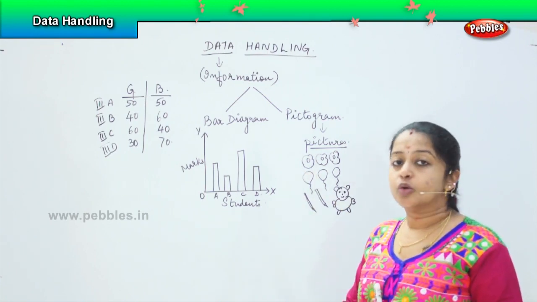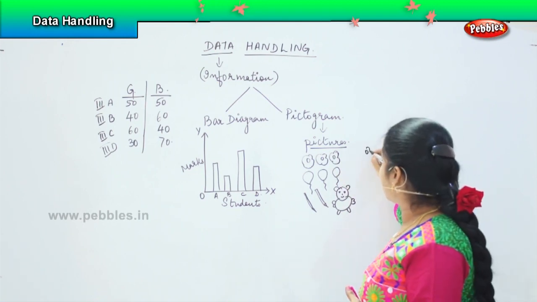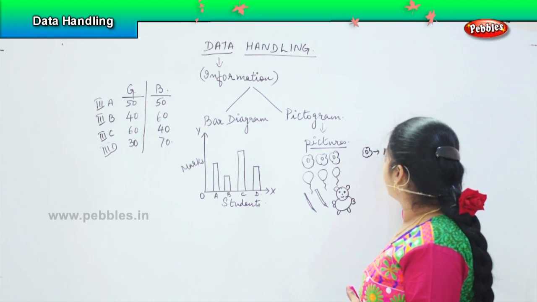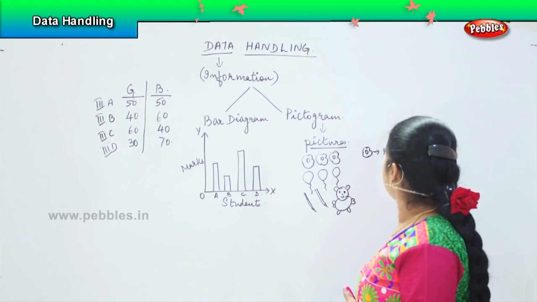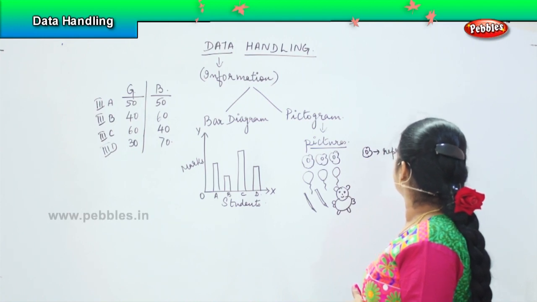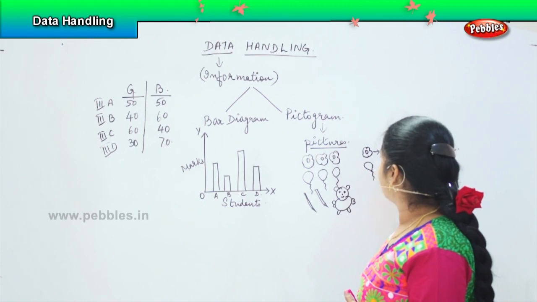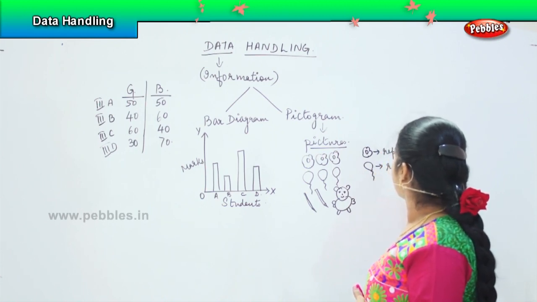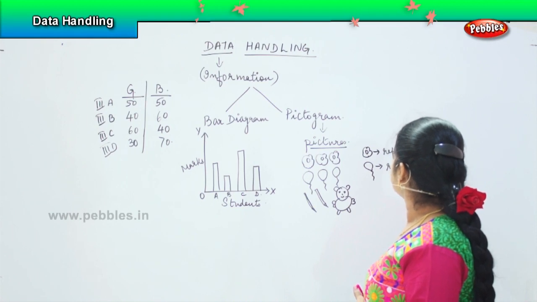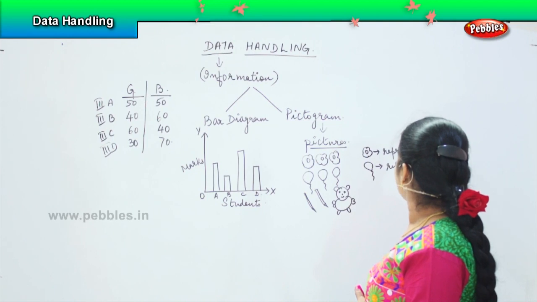No. So in those cases, it will be given as a note that, say for example, one flower represents 10 people, or one balloon represents say 100 likes or colors.